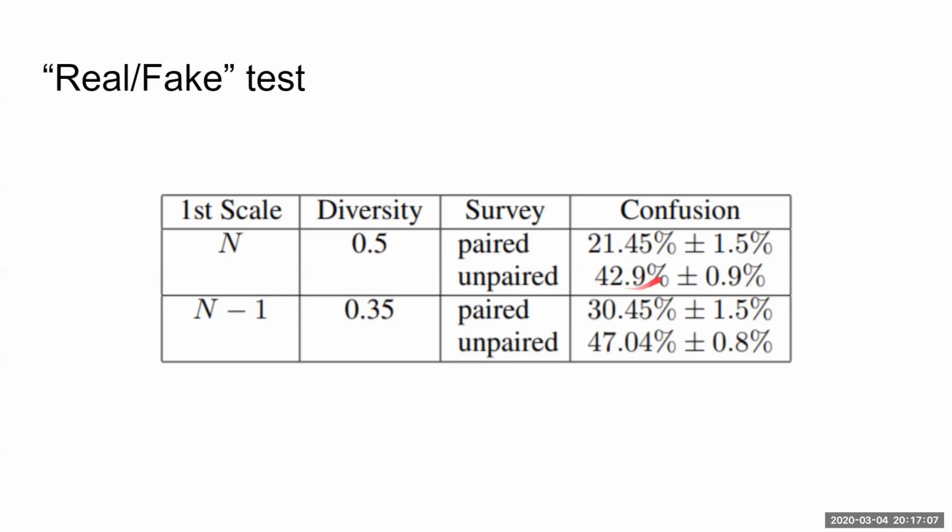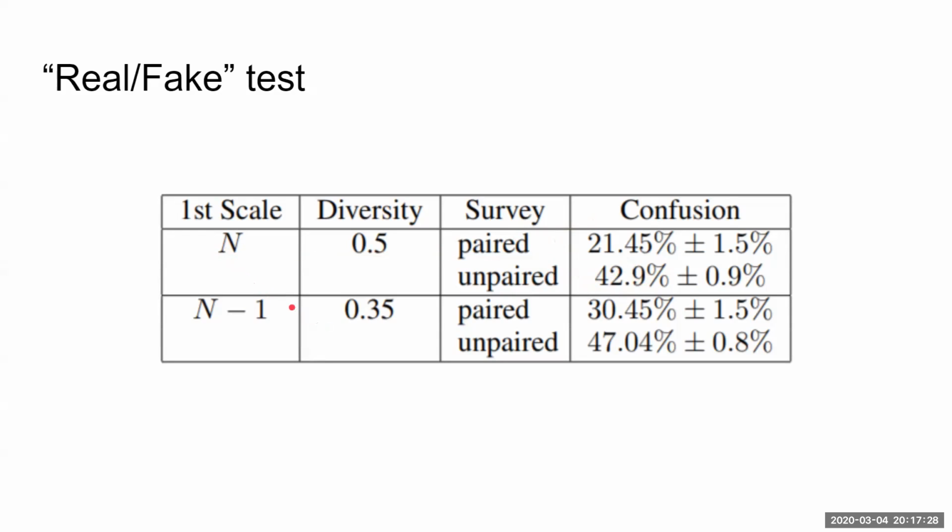The perfect confusion would be 50%, where the person does not know and just guesses. You can see it's pretty high for the unpaired version, and for the paired version it is quite high also.